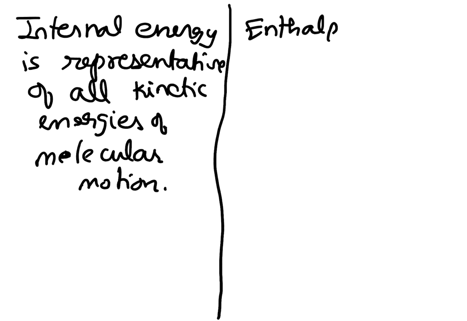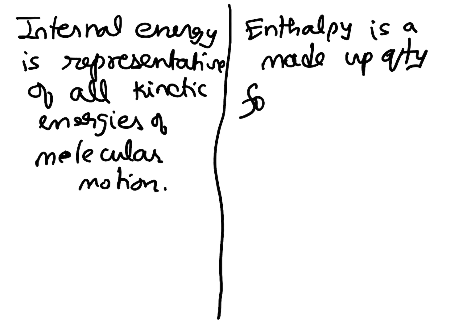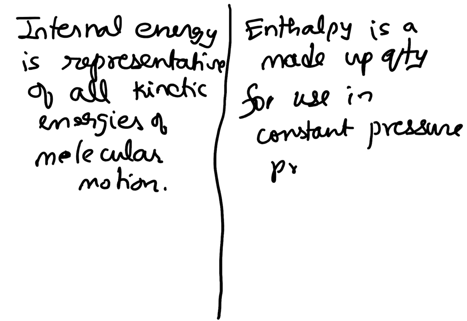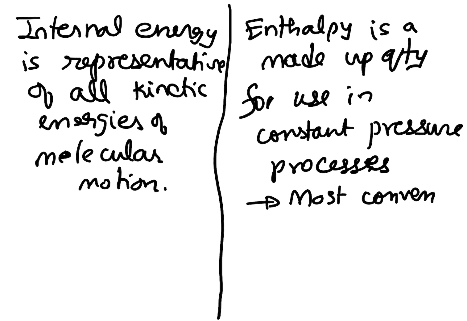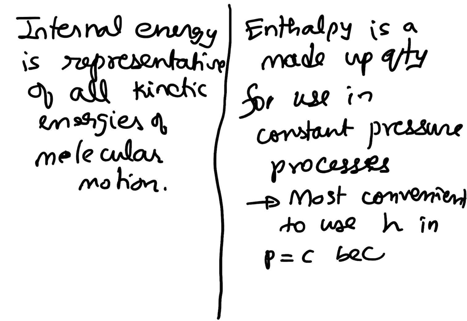Enthalpy is a made-up quantity for use in constant pressure processes. By that I mean, it's most convenient to use enthalpy when P equals constant, because delta H is simply equal to the heat change.